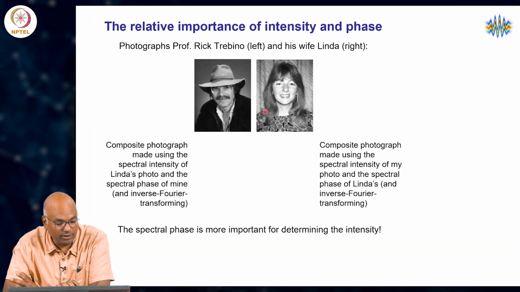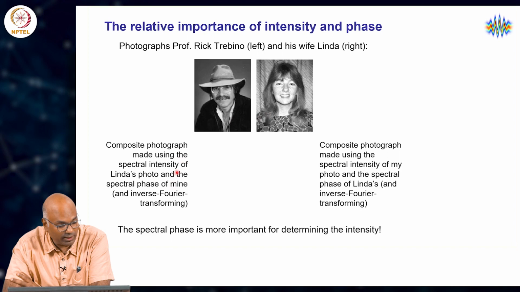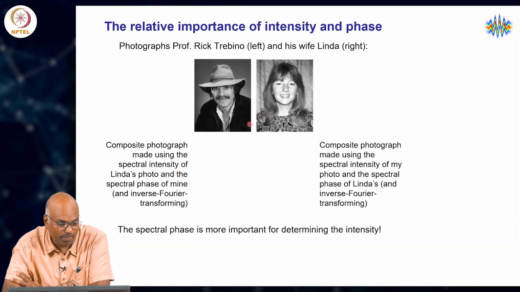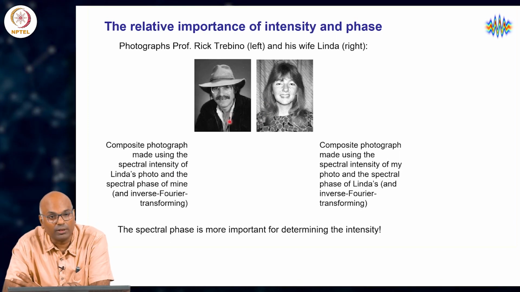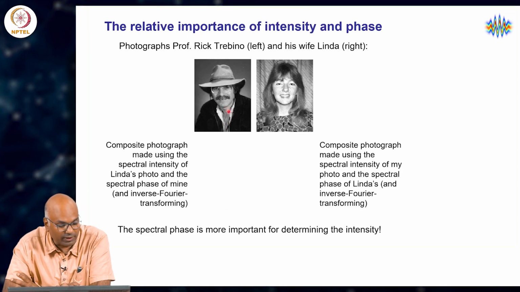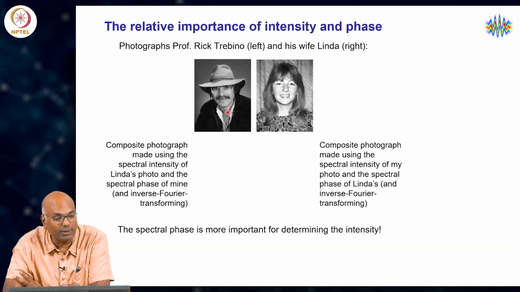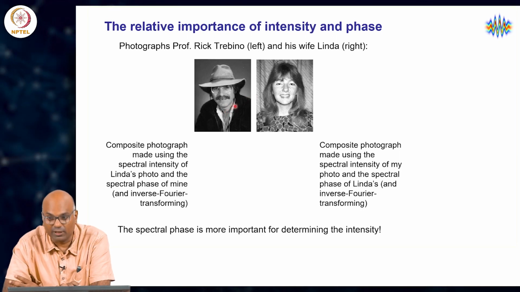These are the original pictures, and what do we do? We essentially take the intensity profile from the lady's picture and use the phase profile from the gentleman's picture, and construct a hybrid by inverse Fourier transforming, where the spectral phase is kept intact, whereas the intensity is mismatched.